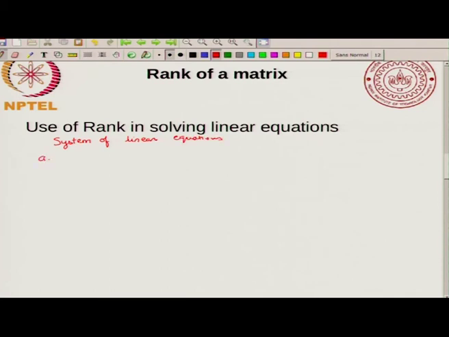So if you remember, we had A11 x1 plus A12 x2 plus all the way up to, let us say, A1n xn is equal to B1, and you had this system of equations. So you had A21 x1 plus A22 x2 and all the way up to A2n xn equal to B2, and we had the same thing all the way up to AM1 x1 plus AM2 x2 plus all the way up to AMN xn. This was equal to Bm.